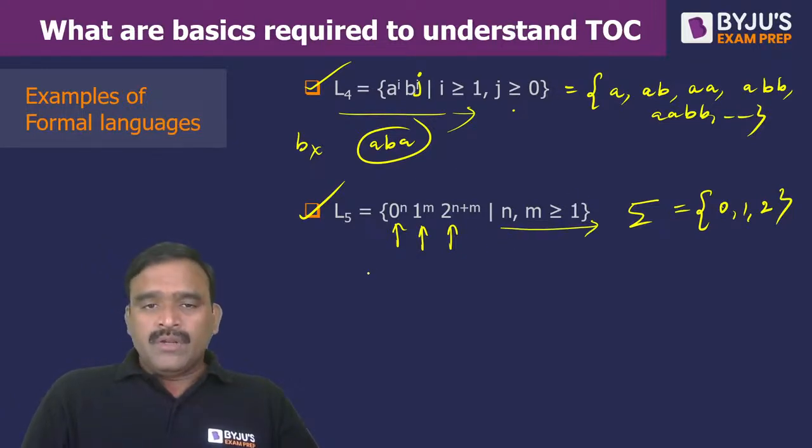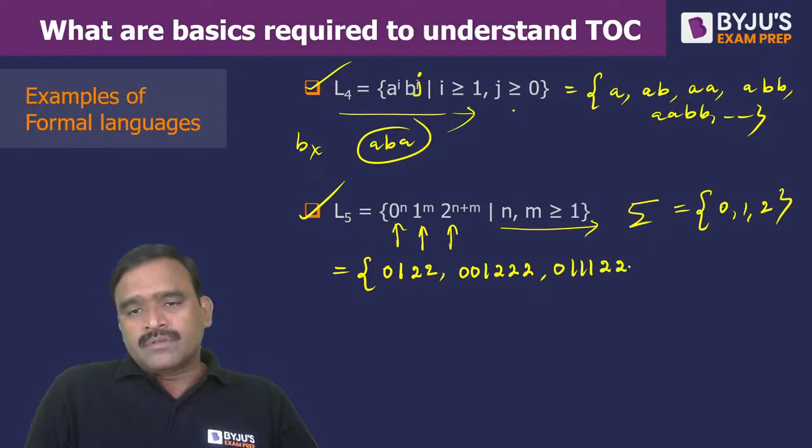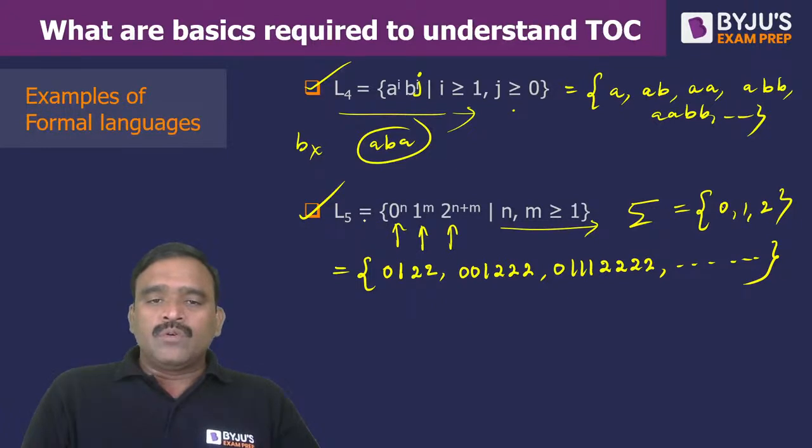Now coming to valid strings here. For example, the minimum value of n and m is 1, so 0, 1, and 1 plus 1, 2 2's will come. If I take n value 2 and m value 1, 3 2's will come. N value 1, m value 3, then you will get 4 2's. So like that, you can get the strings 0^n 1^m 2^(n+m). And this is a pattern.